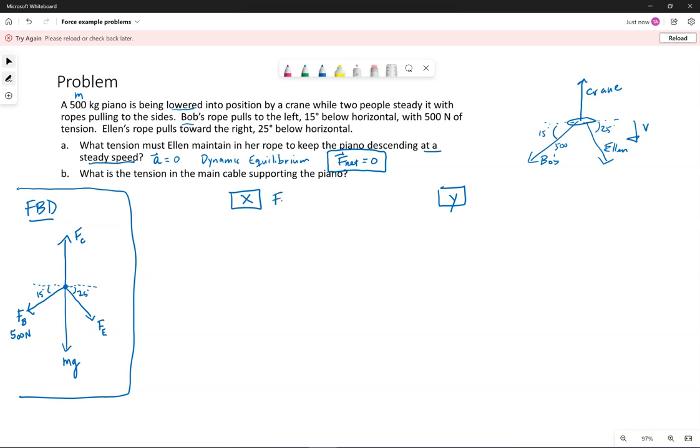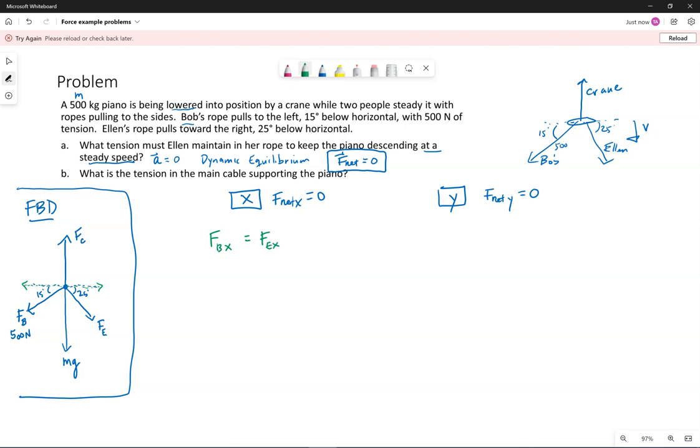We know there's no net force in either direction, and so the forces need to balance out. In the x direction, we know Bob's rope is pulling to the left and Ellen's rope is pulling to the right. So we can say force Bob X has to equal force Ellen X.